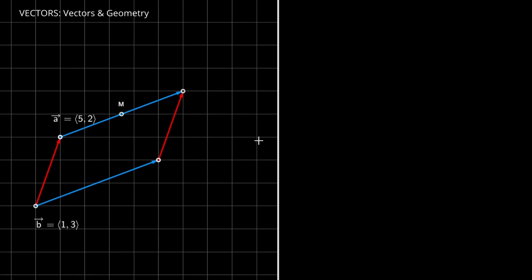Okay, I've changed the diagram a little bit now, and I've introduced a point M, which I'm defining as halfway along vector A. And let's see if we can work out the journey from this point here to M. So let's give this journey a name.